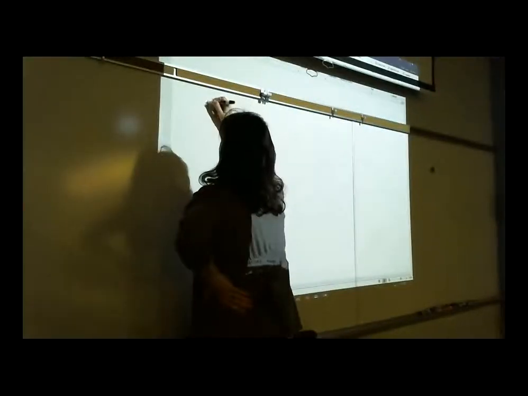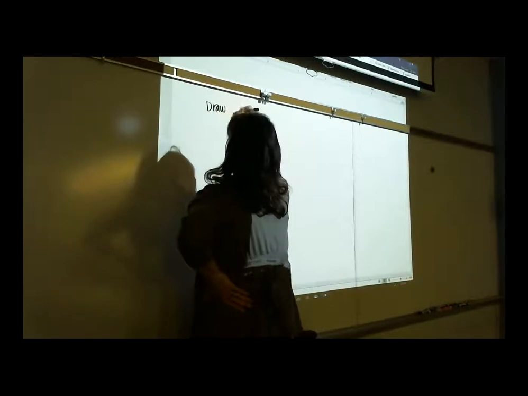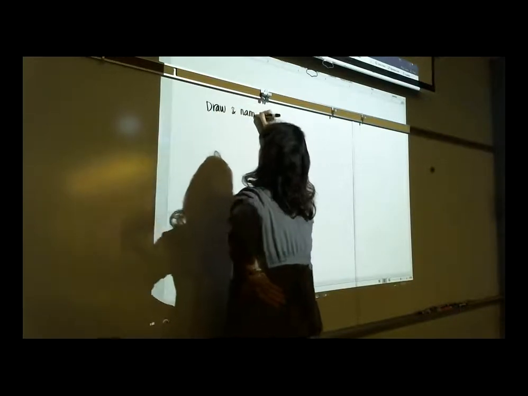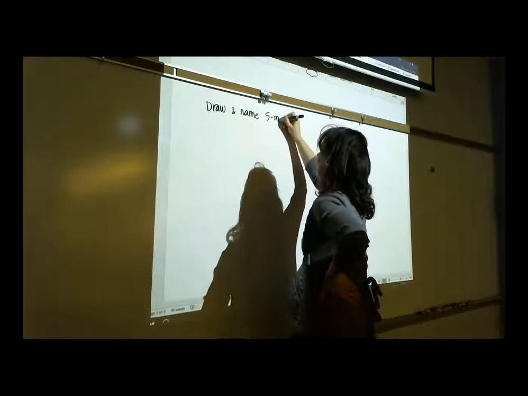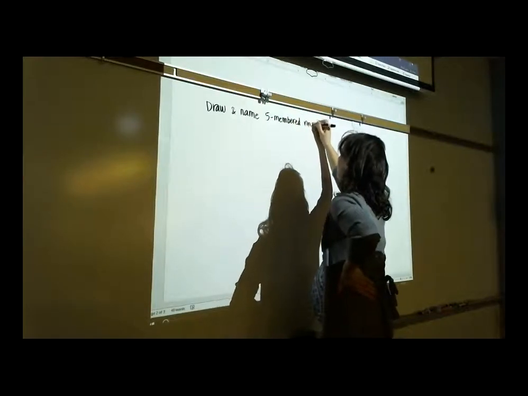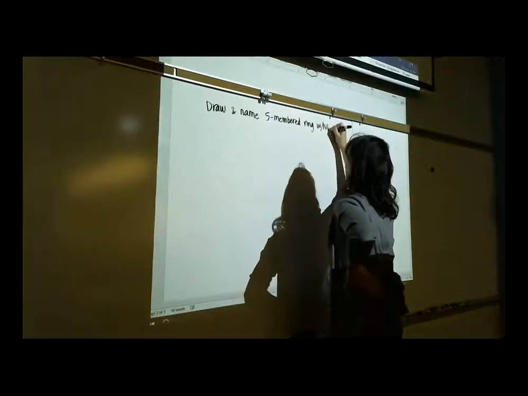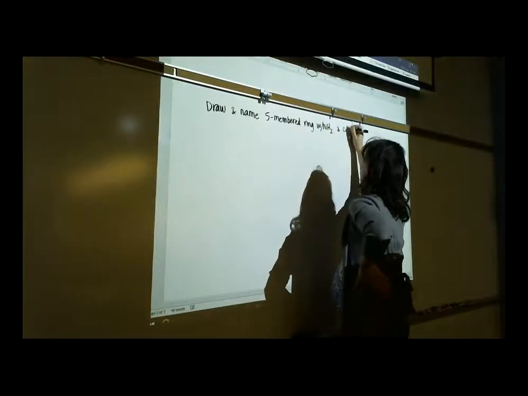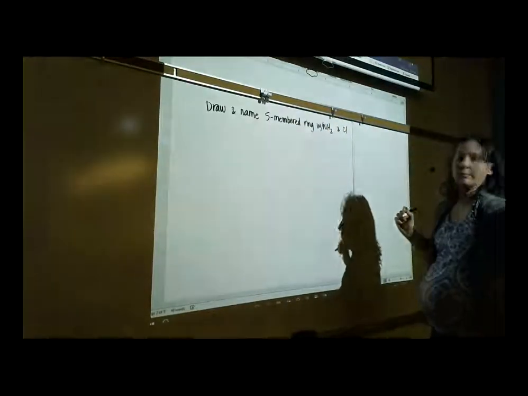What was it? Draw and name a 5-member ring with an NH2 group and a Cl. That's right?